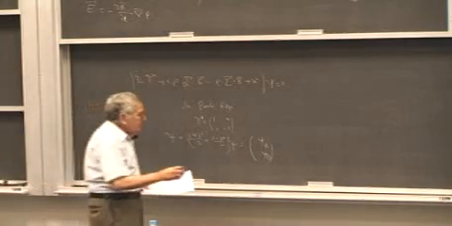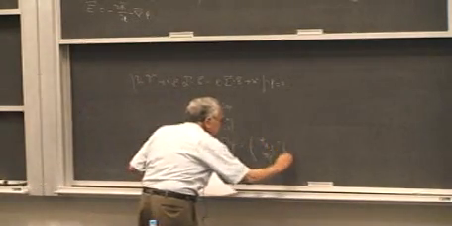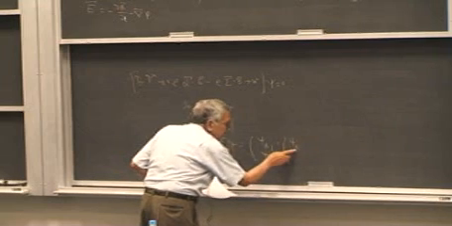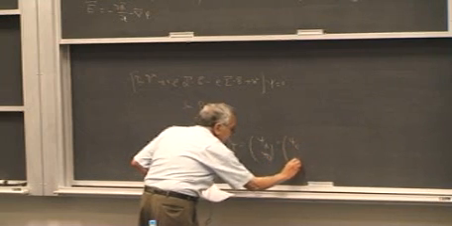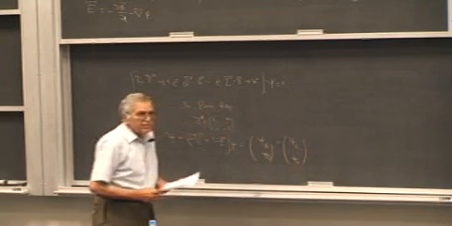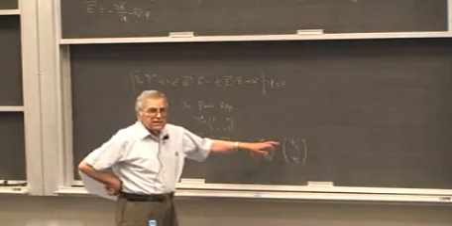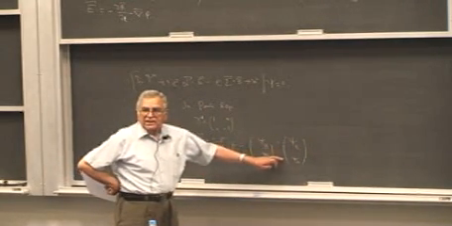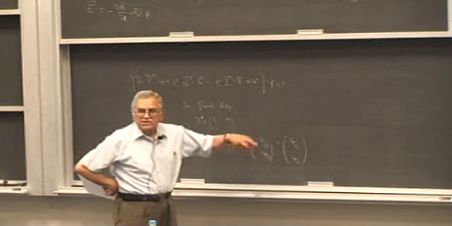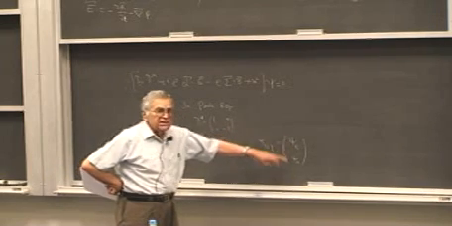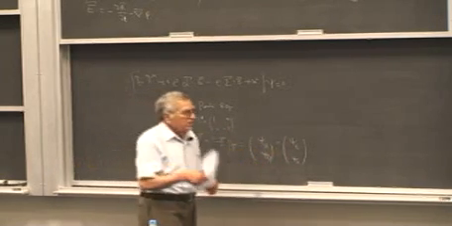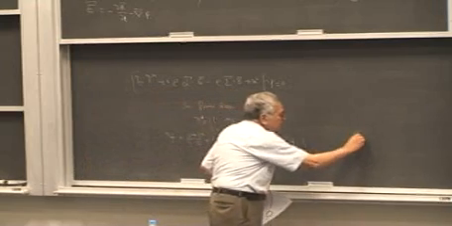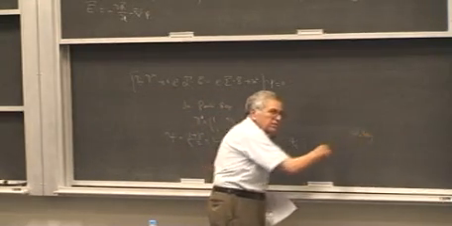And this is often written in the literature as psi B for big and psi S for small. Because if you consider the non-relativistic limit, this will dominate, this will be the leading, and this will be like O of v over c.